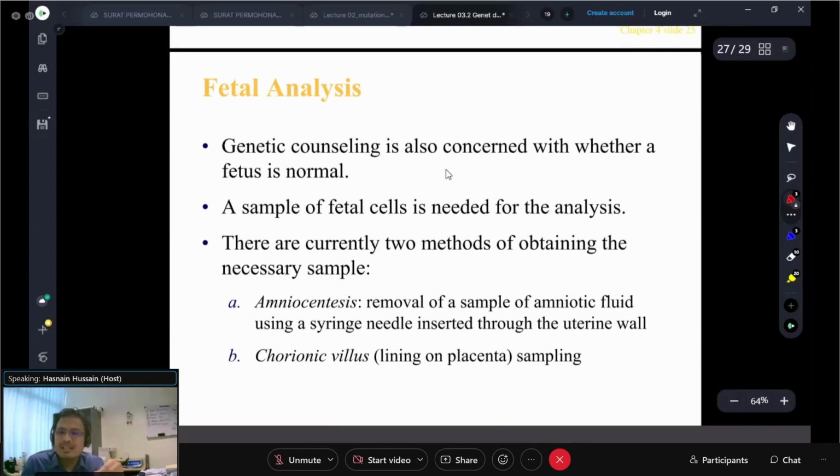So genetic counseling is also concerned with whether the fetus is abnormal. All of this is to tell you that a genetic disorder caused by mutation in a single gene, like I mentioned earlier, can be predicted by genetic counseling and can also be detected by fetal analysis.